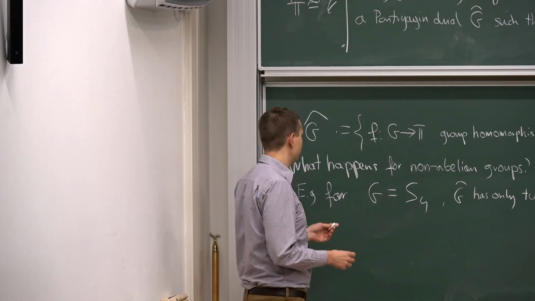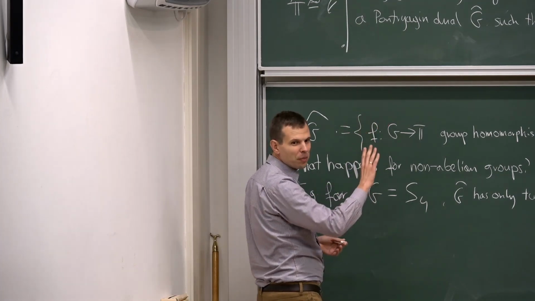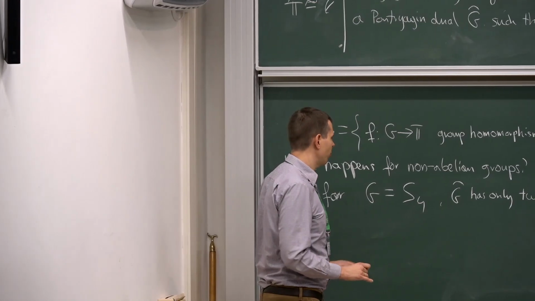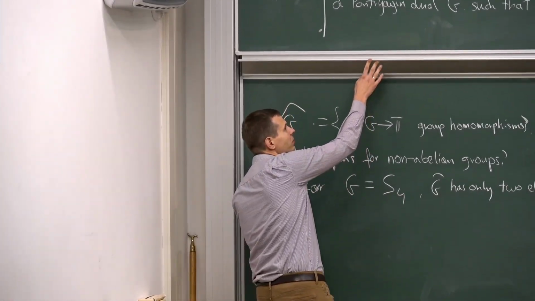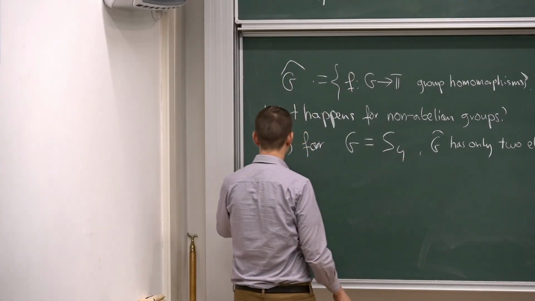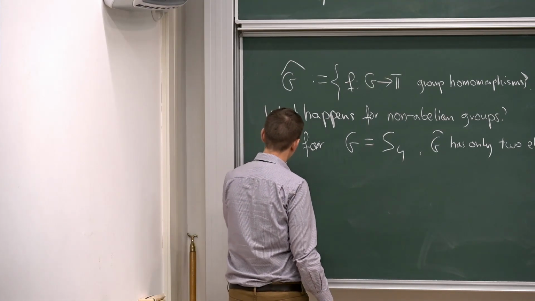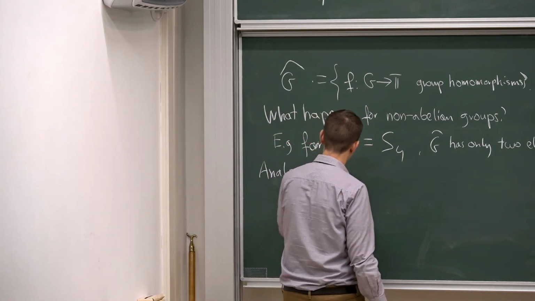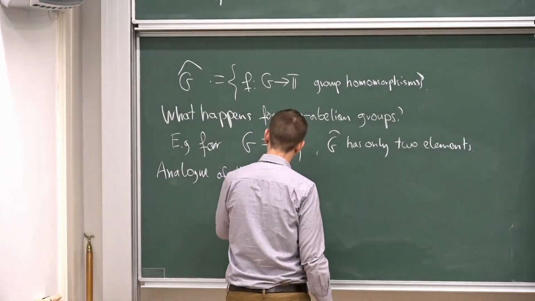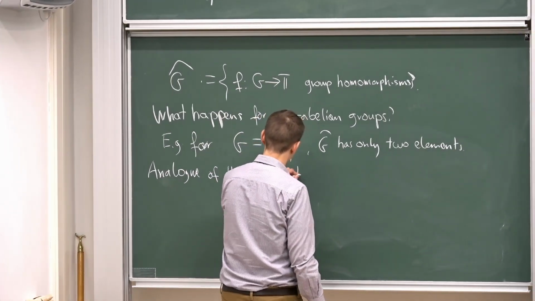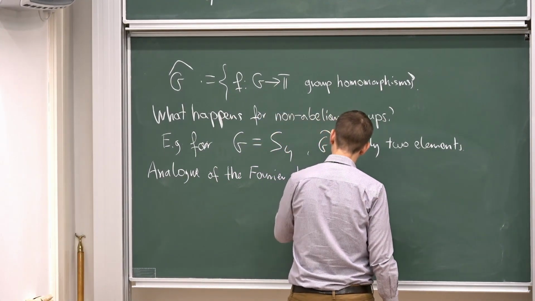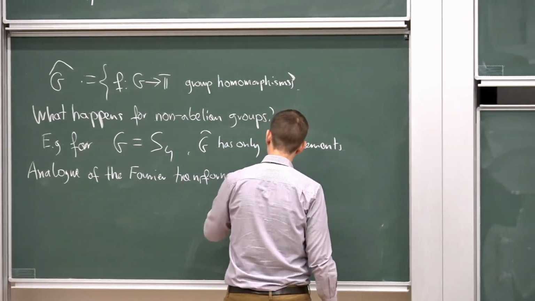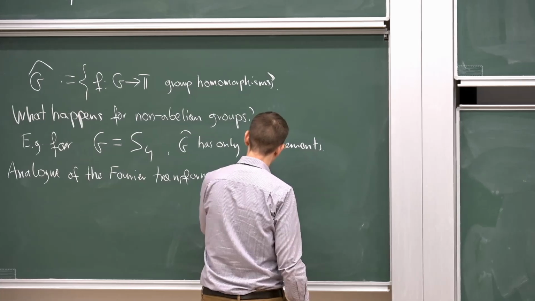If you have a locally compact group which has a Haar measure, then you can form convolution operators. So the analog of the Fourier transform is basically the left regular representation.